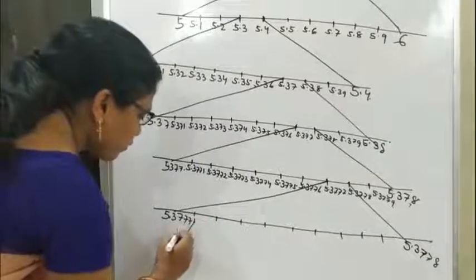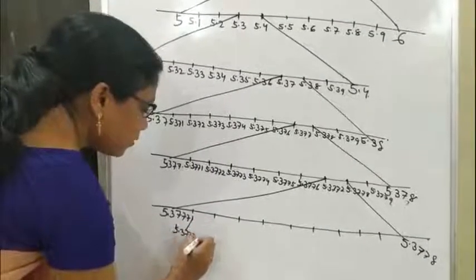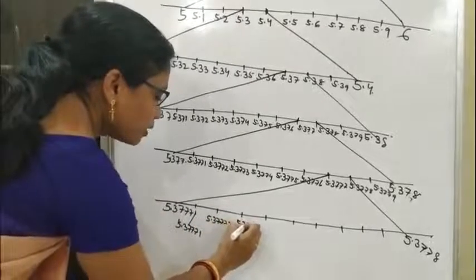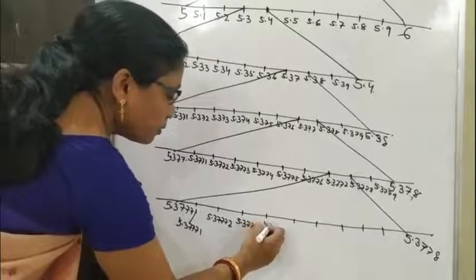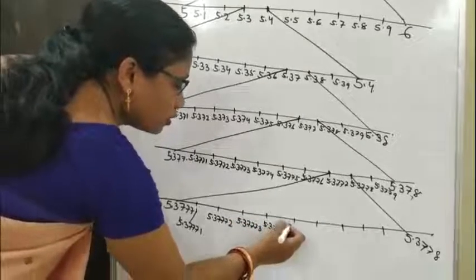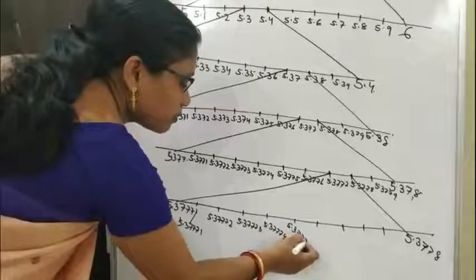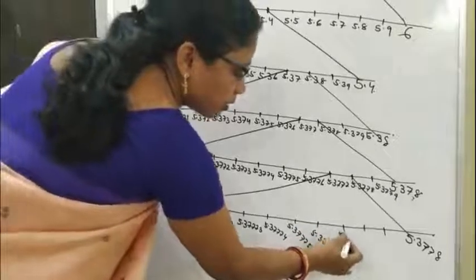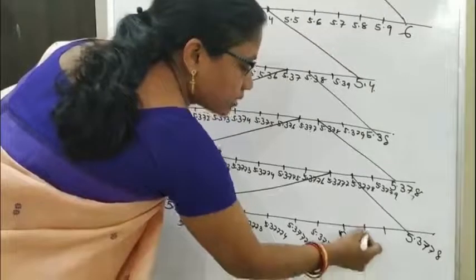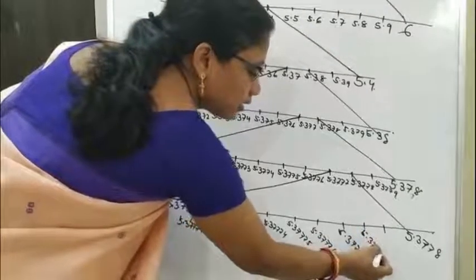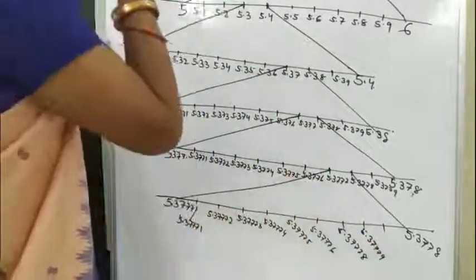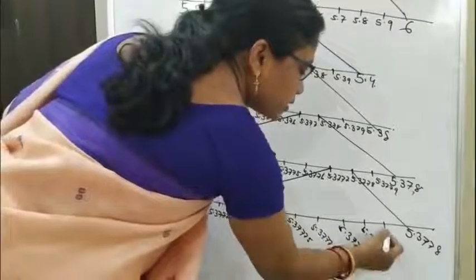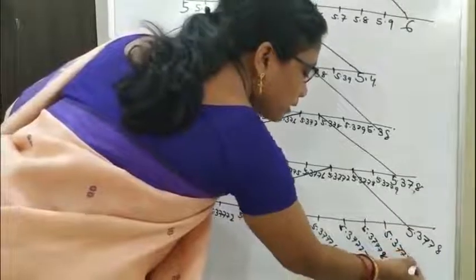So this is 5.37771, 5.37772, 5.37773, 5.37774, 5.37775, 5.37776, 5.37777, 5.37778, 5.37779.